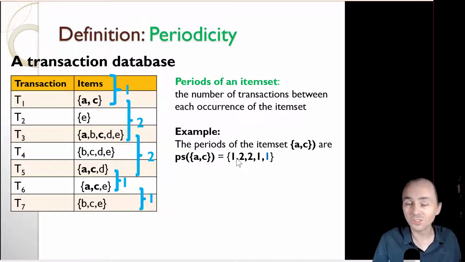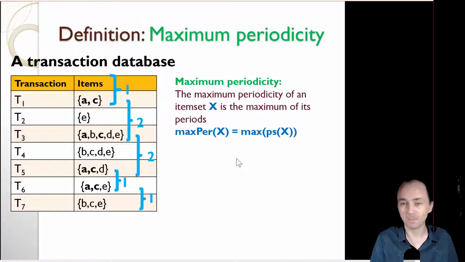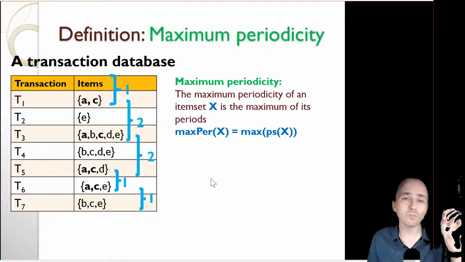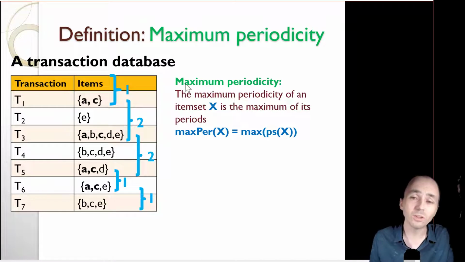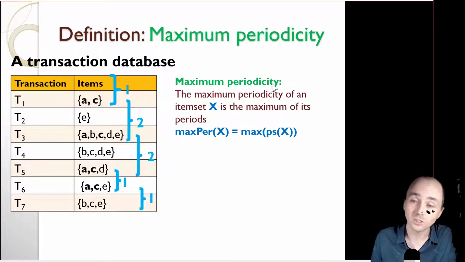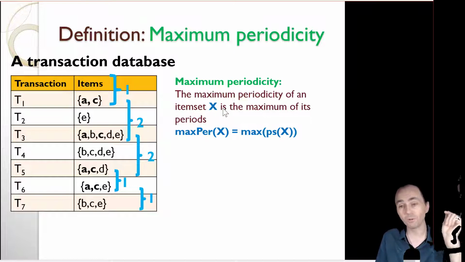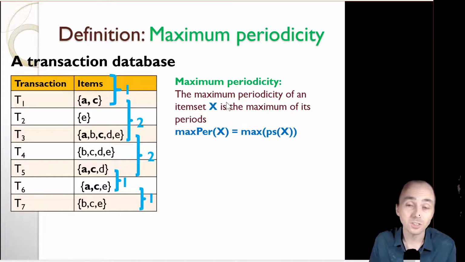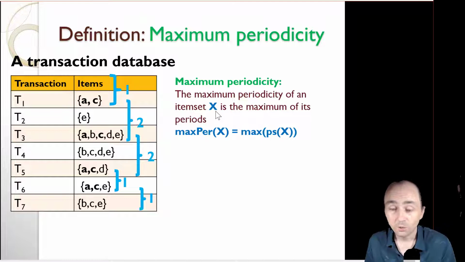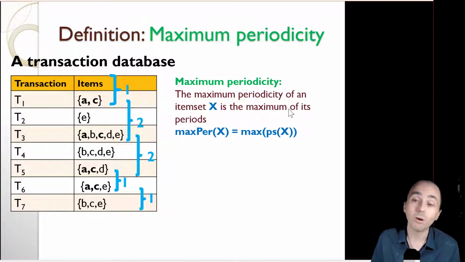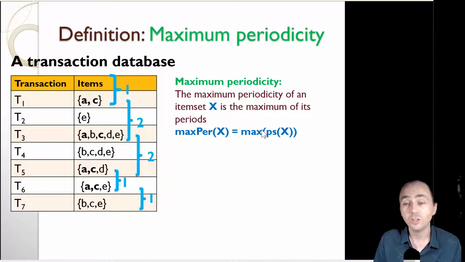Okay, so let's continue the definitions. So now we have another definition. What is the maximum periodicity? So it is very simple. The maximum periodicity of an item set X will be the maximum of its periods. Okay, so if we have the periods of X, like AC, you want to find the maximum of this.